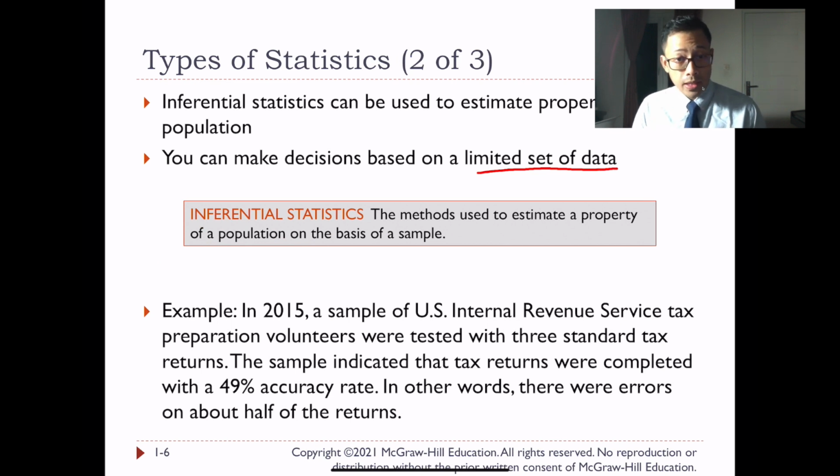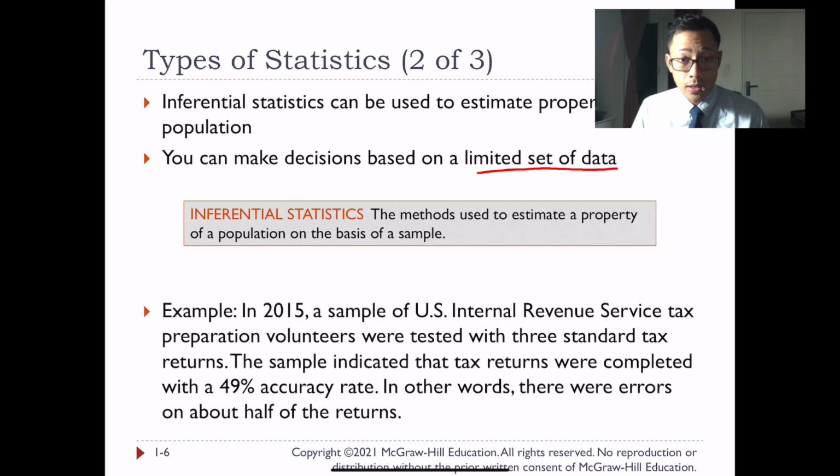However, population can get quite large. For example, the population of households in Yogyakarta, or the population of households in Indonesia. It could be the population of teachers in Indonesia. It could be the population of small and micro firms in Indonesia.